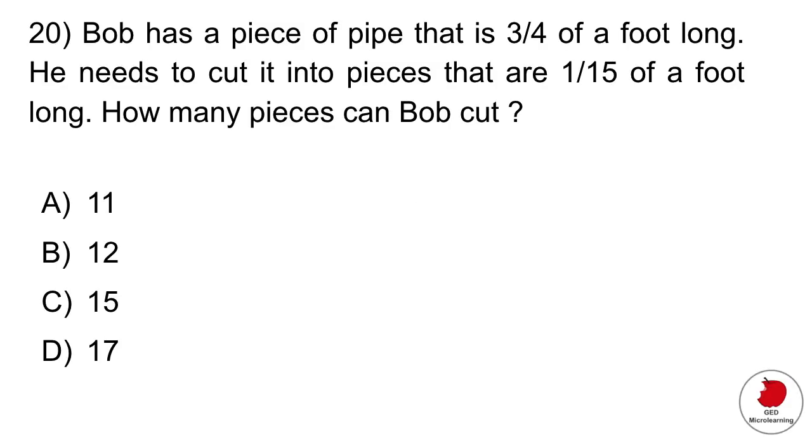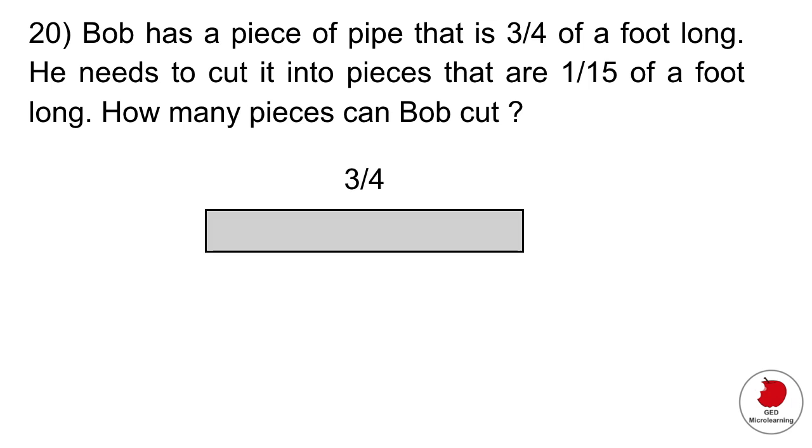Okay, so question 20 looks at division in fractions. It says, Bob has a piece of pipe that is 3/4 of a foot long. He needs to cut it into pieces that are 1/15 of a foot long. How many pieces can he cut? So this is what he has. That's the pipe that he has.